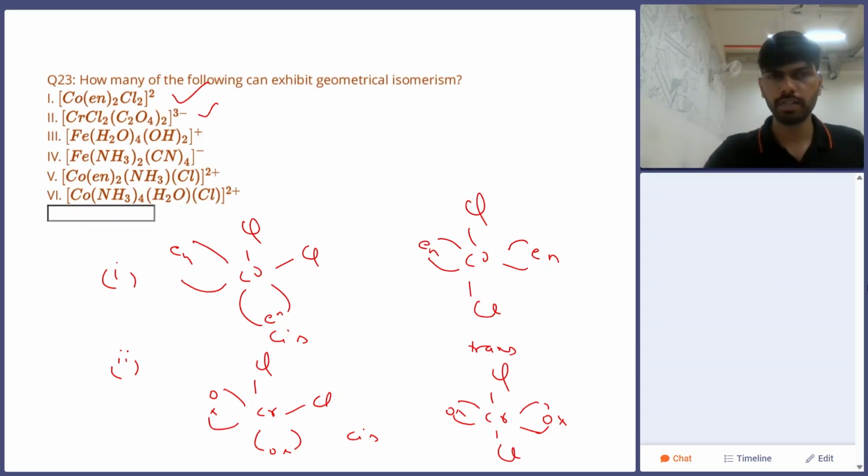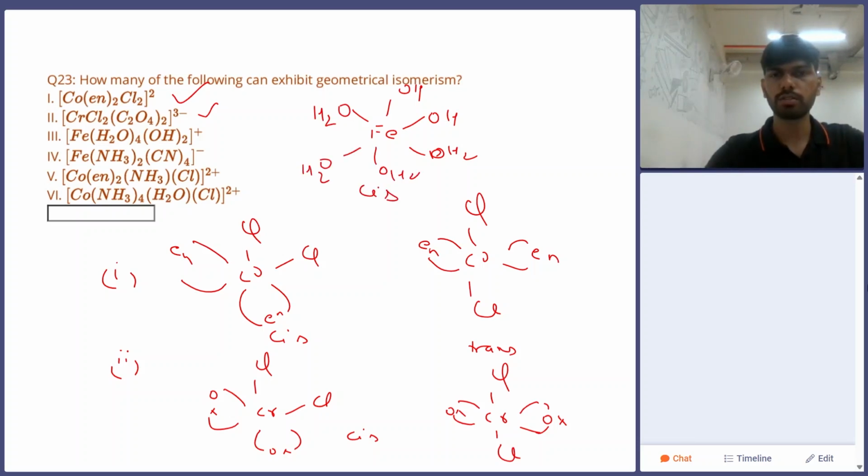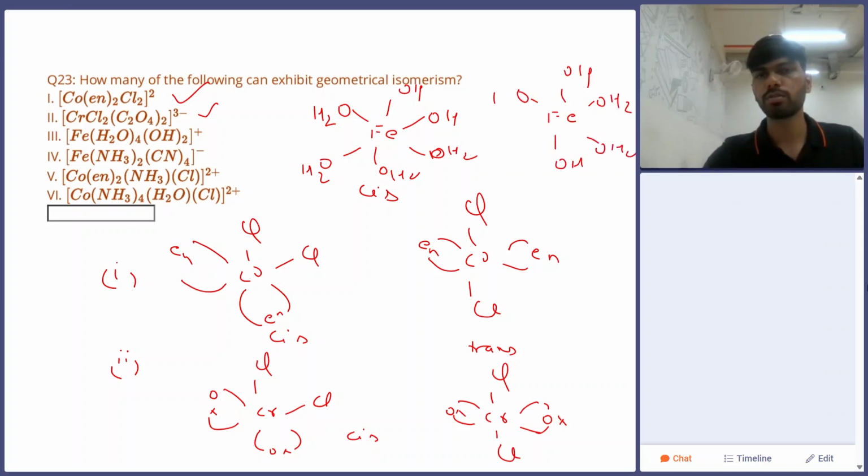Third one, Fe with OH, OH and OH2, OH2, OH2, OH2. This is your cis form. Trans form, if you want, is the opposite side: Fe, OH, OH, and the rest OH2.